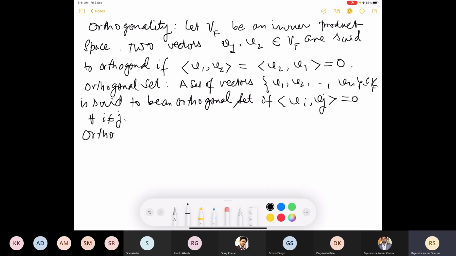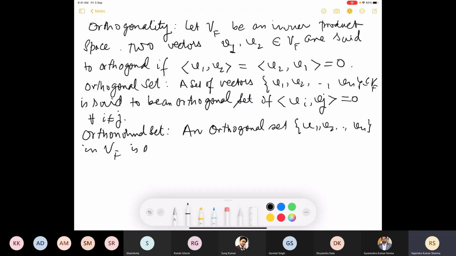Orthonormal means an orthogonal set, let us say V1, V2, up to Vn in V over F, is said to be an orthonormal set if, in addition to being mutually orthogonal, the norm of each Vi is equal to 1.